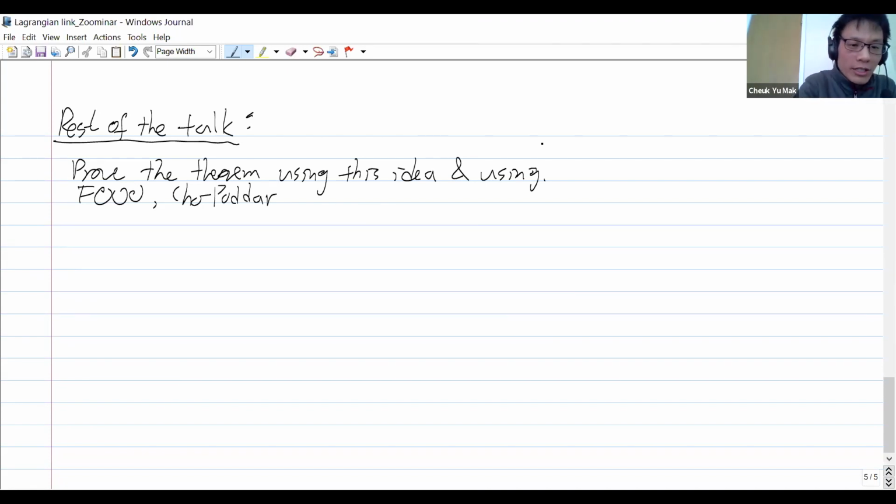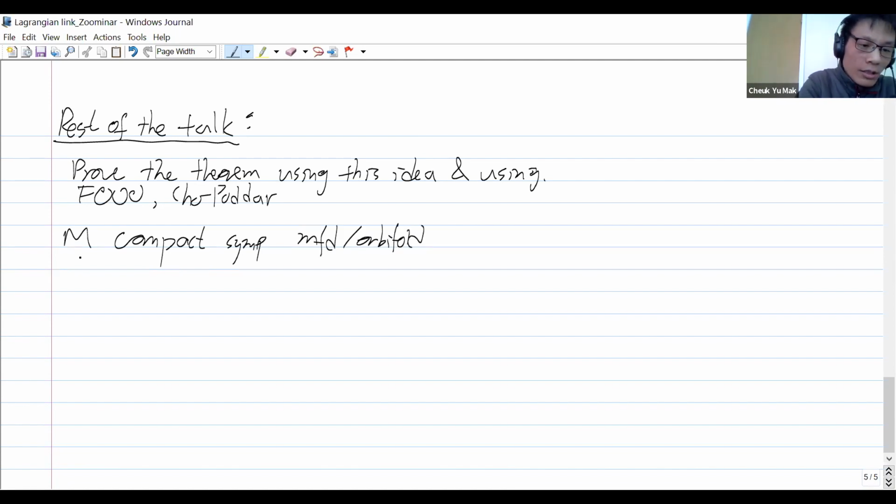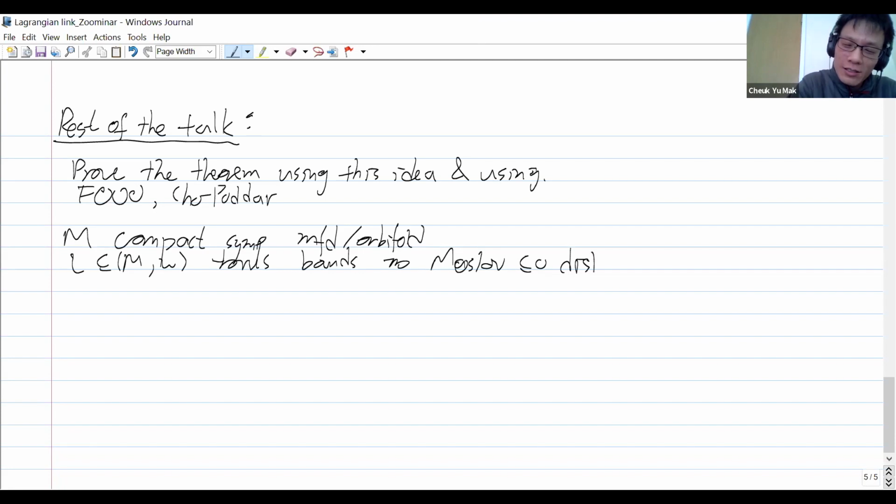So let's quickly recap the theory of superpotential. Let M be a compact symplectic manifold or orbifold, and L a Lagrangian torus inside, such that it bounds no Maslov less than or equal to 0 disk, and such that it is away from the orbifold locus.